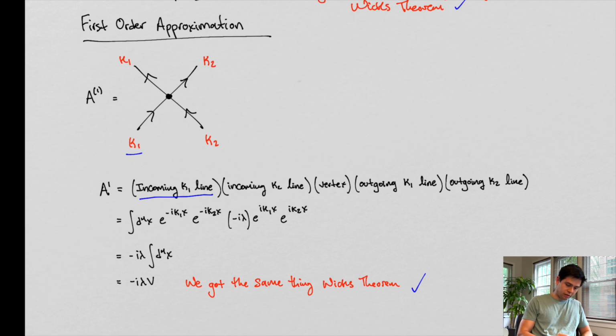So we have our incoming line K1, and then we had our incoming line K2 right there. And then our vertex point, and then we have, I'll do a different color here, our outgoing K1, and I'll do purple, outgoing line K2 right there.